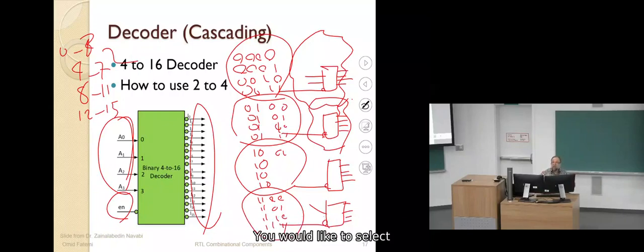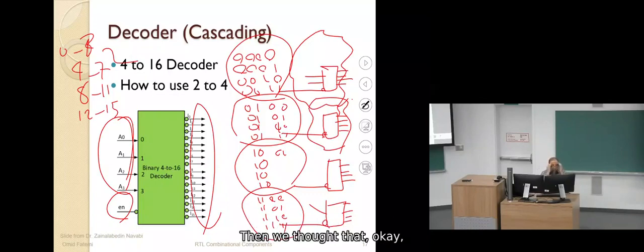So you would like to select 1 out of 4 based on 2 inputs. This is decoder. Decoder has 2 inputs, 4 outputs. And based on the inputs, we select one of these 4. Okay? Did you get the idea? So we used 4 decoders first to make our 16 outputs.